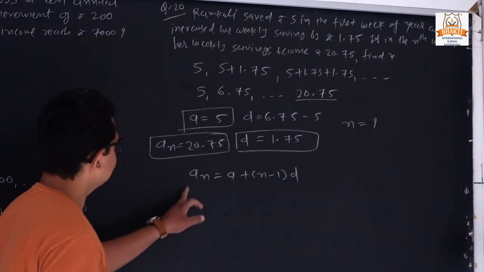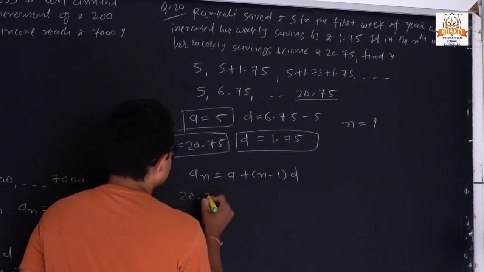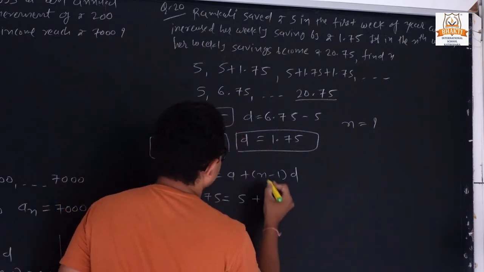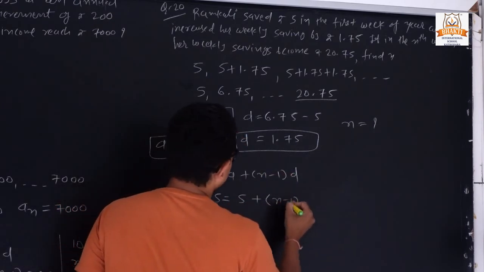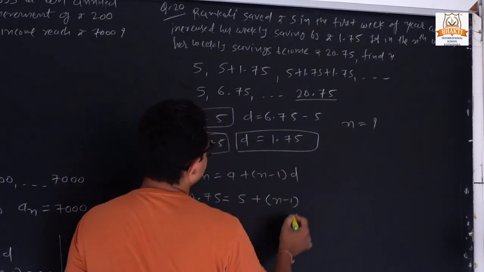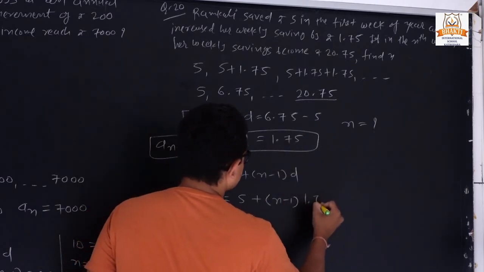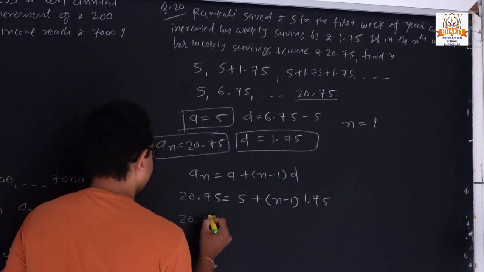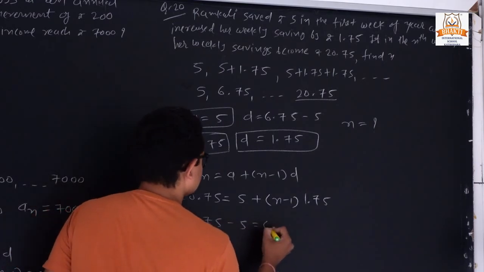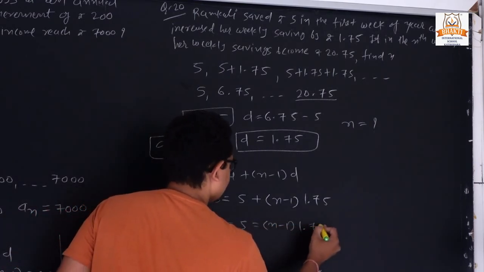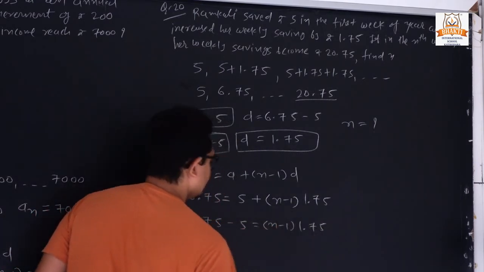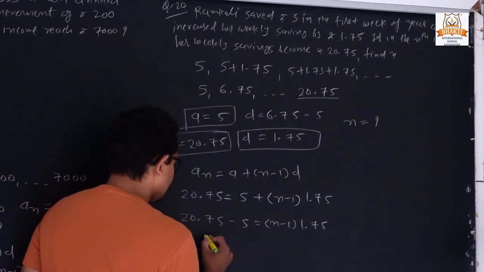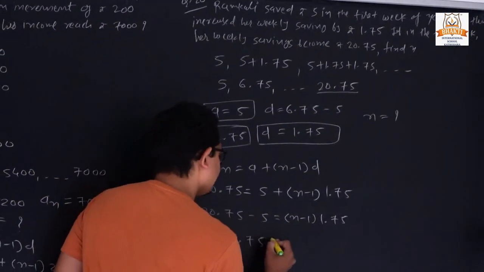So an is 20.75. The value of a is 5. n, we want to find out the value of n, and d. So the difference is 1.75. Now this is going to the second side. So it becomes minus. Next 20.75 minus 5, so it is 15.75.